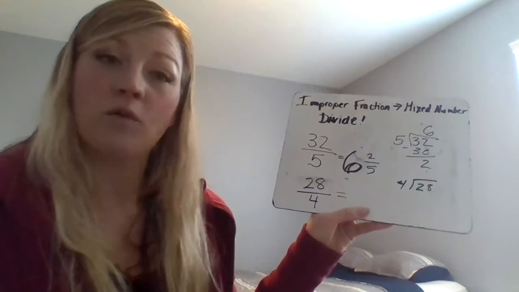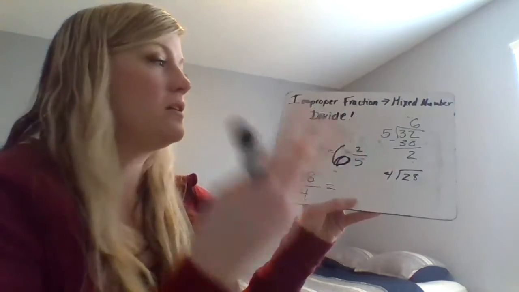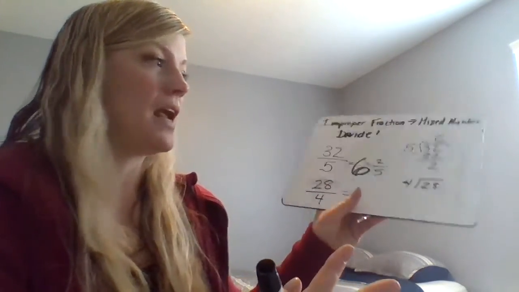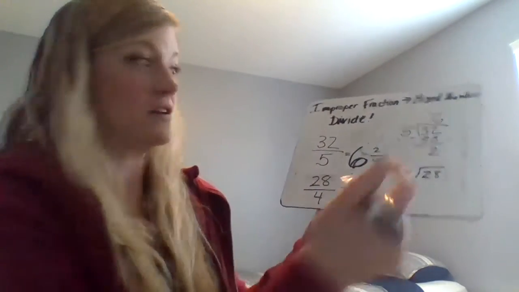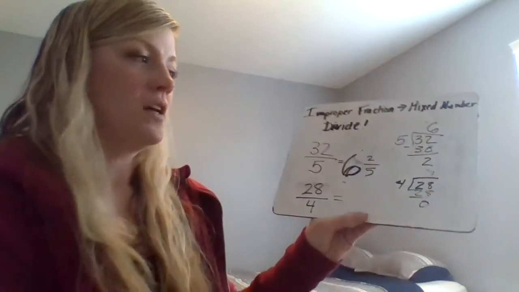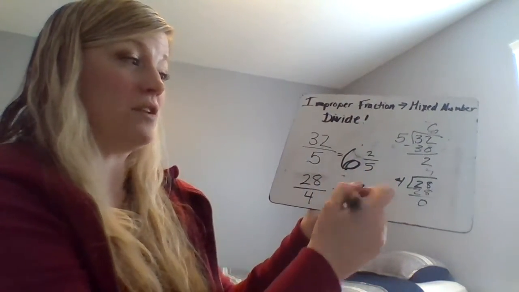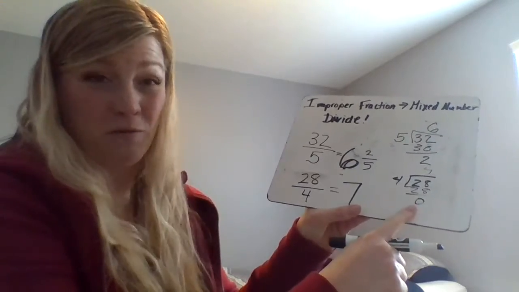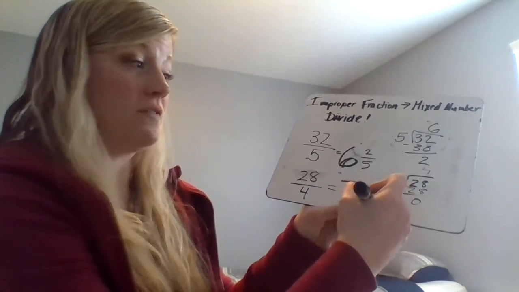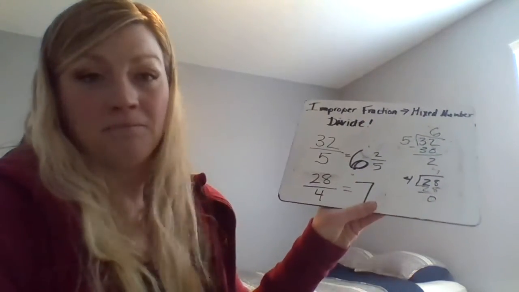How many times does 4 go into 28? 4, 8, 12, 16, 20, 24, 28. I got right on there 7 times. And that was 28, nothing left over. So how many times does 4 go into 28? 7 whole times. And there was 0 pieces left over. So I could write 0 fourths if I wanted, right? Or I could just leave it plain at 7.